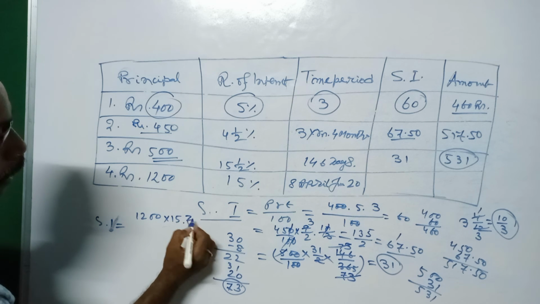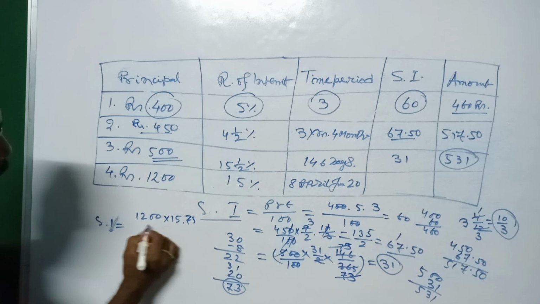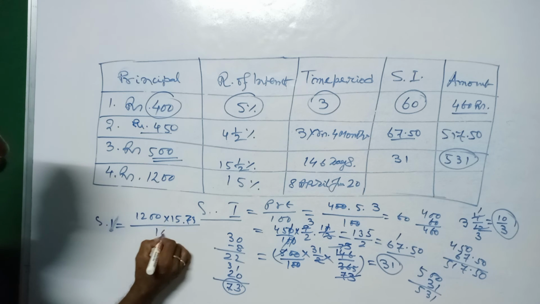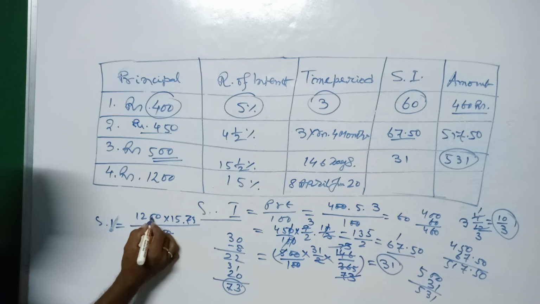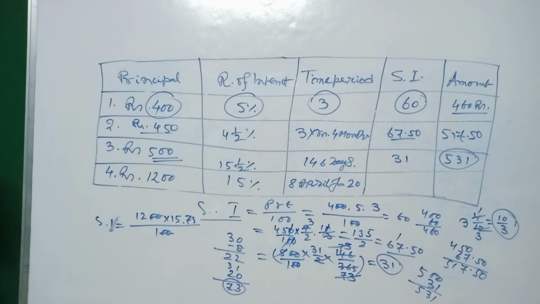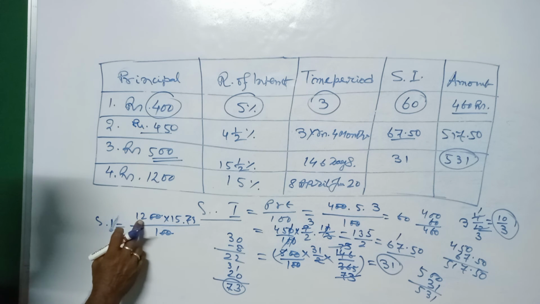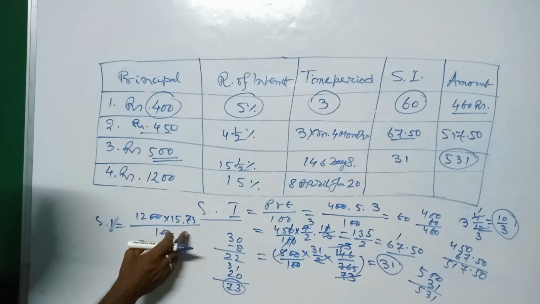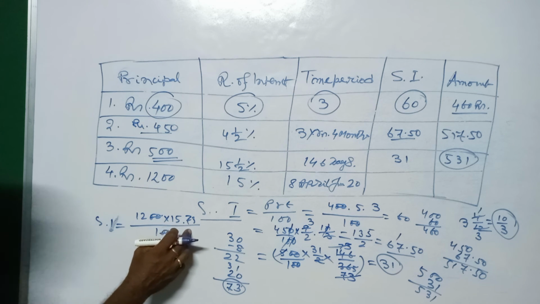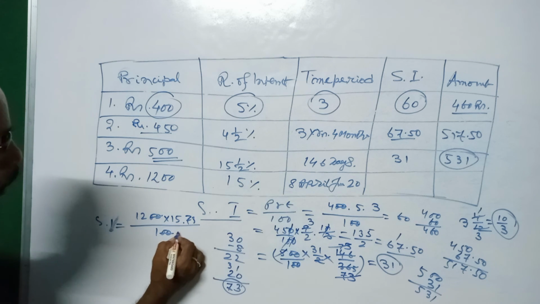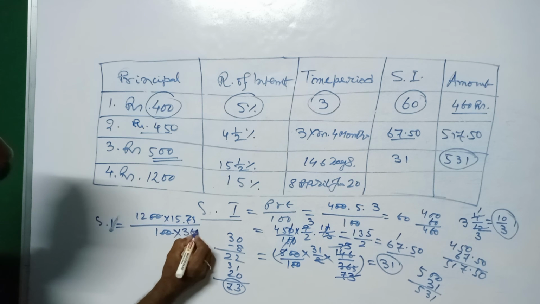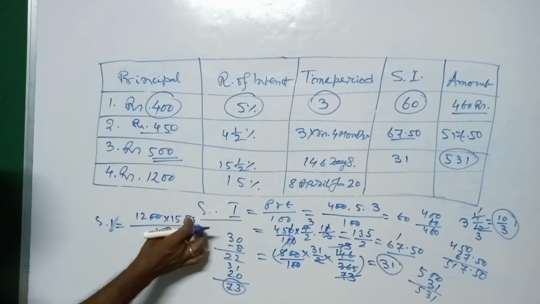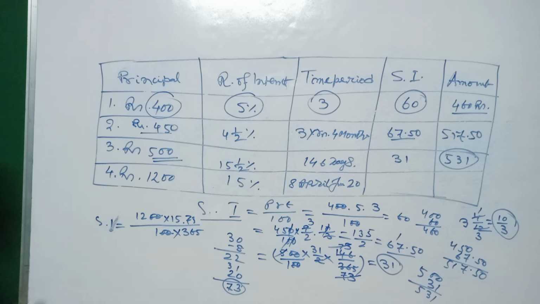Now 73 divided by 365, we also convert it into years, divided by 100. My dear student, zeros are also crossed.